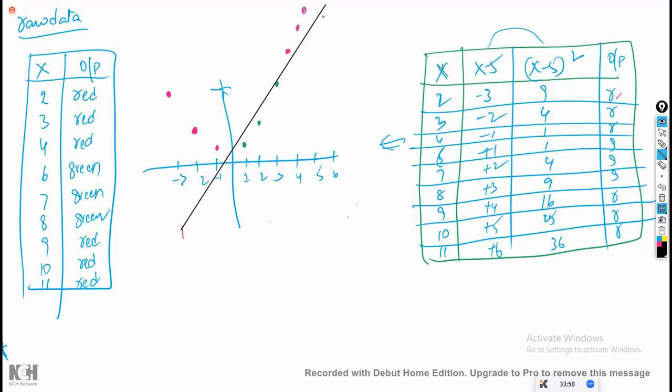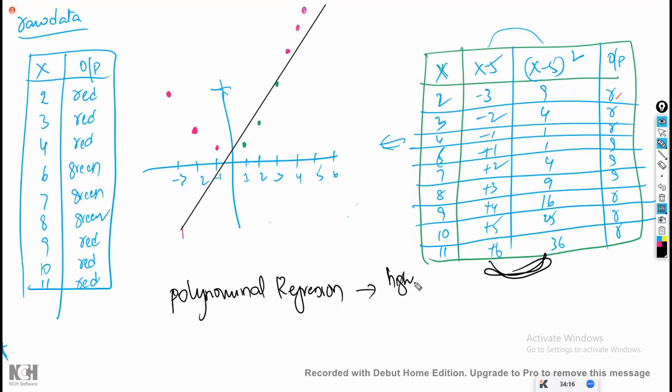Simple. So the original data is as it is, and using the original data only I have created everything. But these two columns are transformed columns, created columns. This is not the original data. How? In polynomial regression, we create higher degree order variables and apply the linear regression.